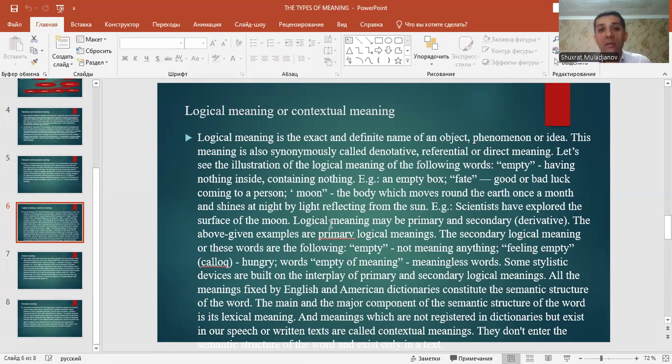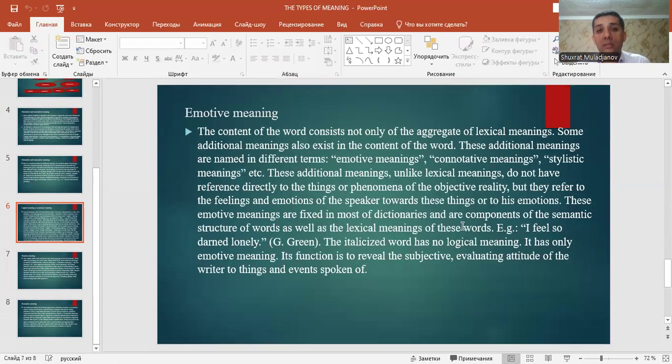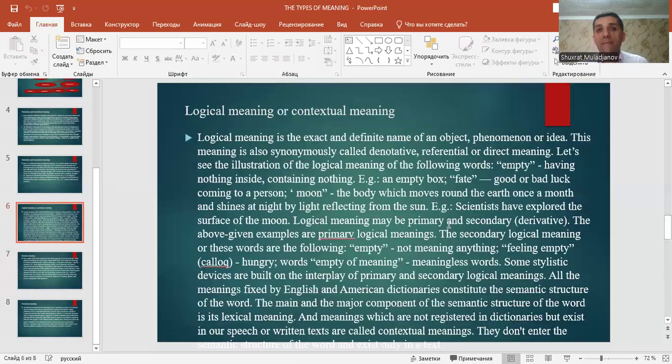Logicality and contextualism go in the same direction, as in contextual meaning. Many words can be dependent in their meaning on the context itself.